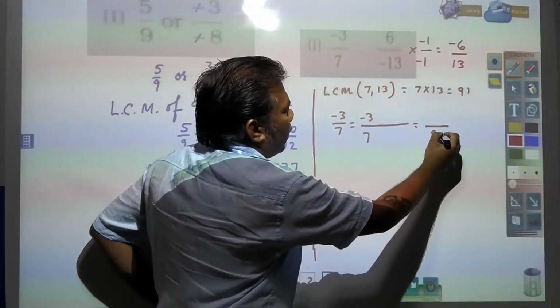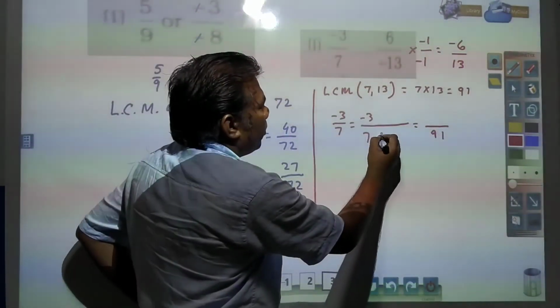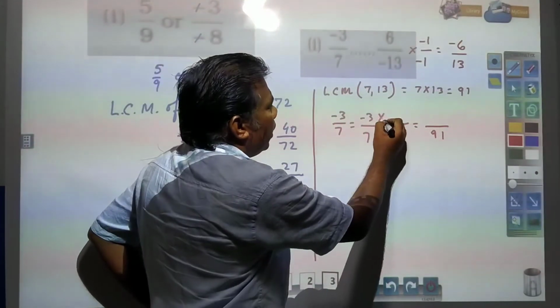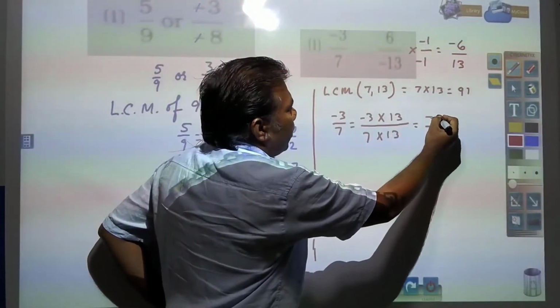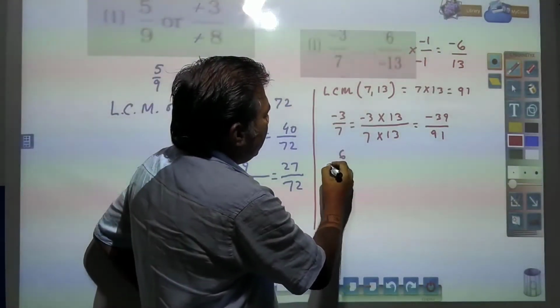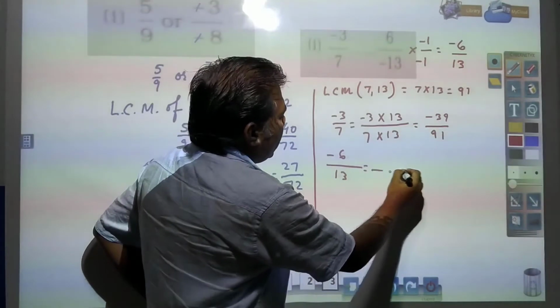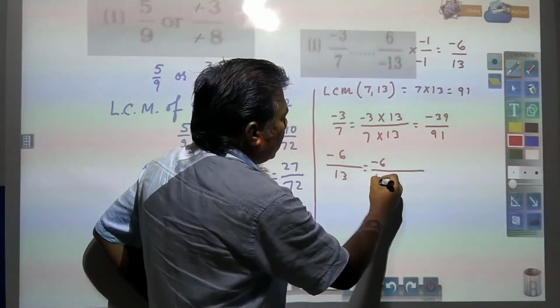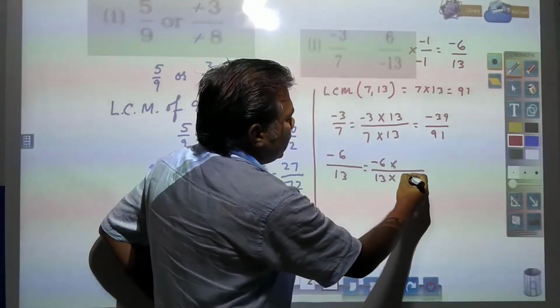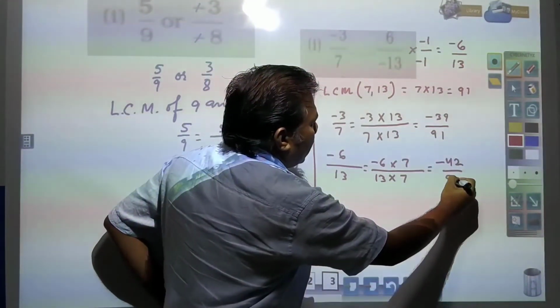You need to convert this denominator into 91. So 7 is required to be multiplied by 13, and 13 threes are 39, so minus 39, and minus 6 by 13 you have. So again this is also required to be converted. So this you will get minus 42 by 91.